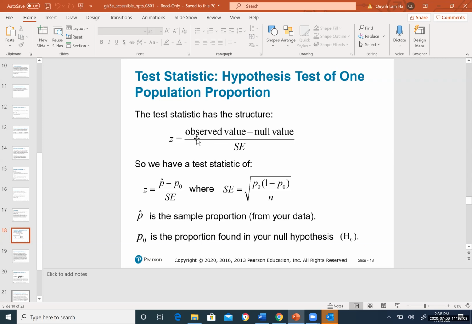You just enter the observed value and null value, and SE, you get a solution. You don't have to worry about how to look at the table, okay? So right here, P hat is a sample proportion. This will be from the observed data. P naught is the proportion found in your null hypothesis.